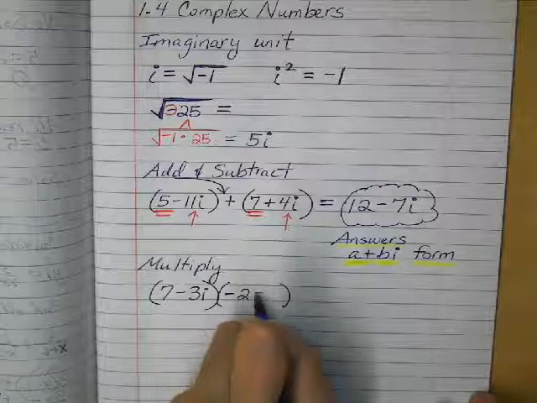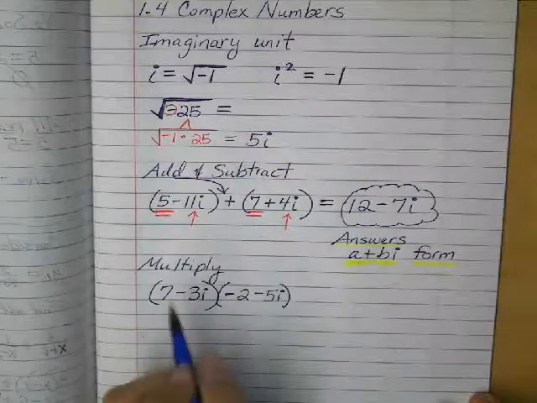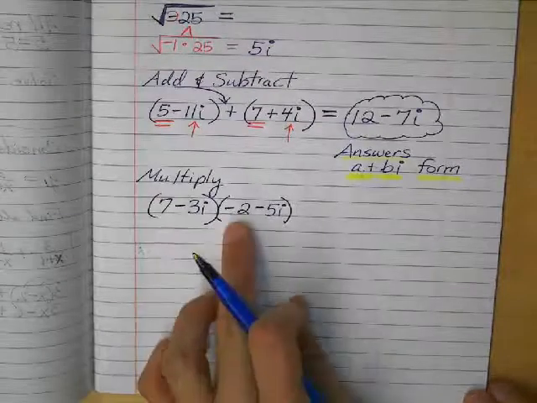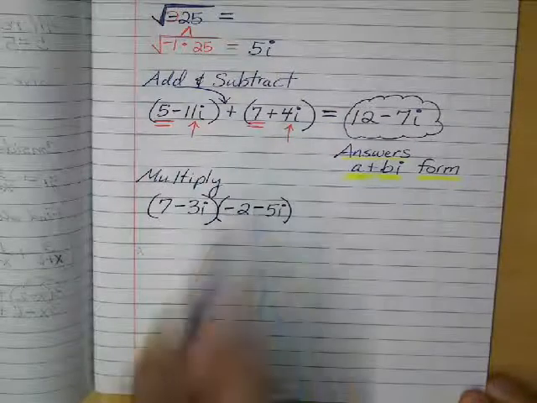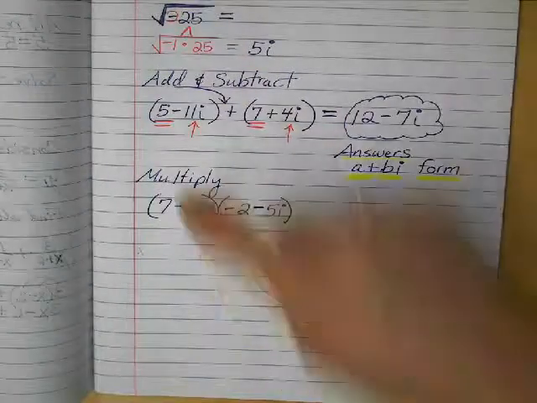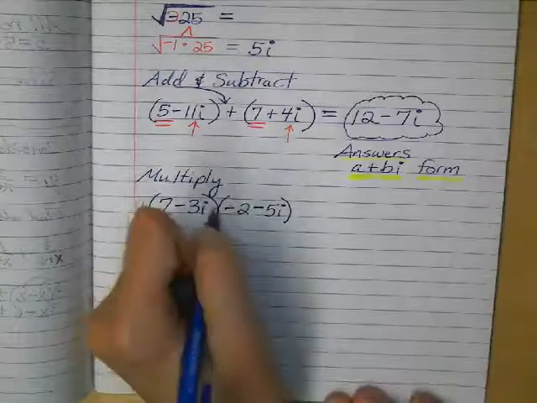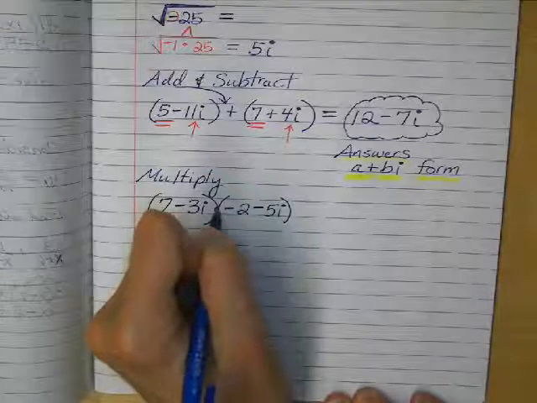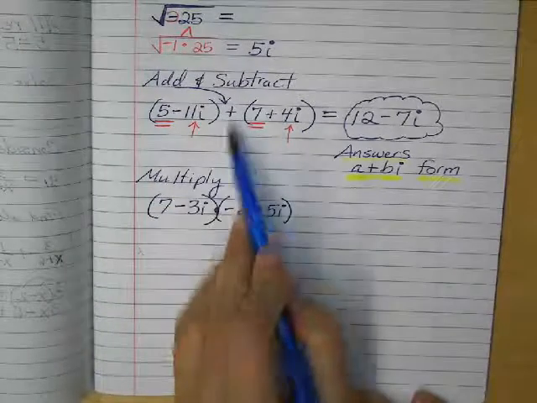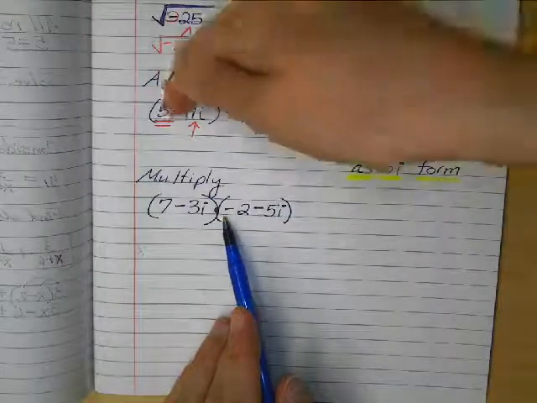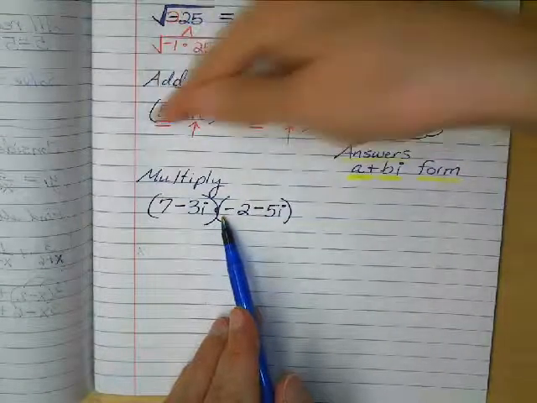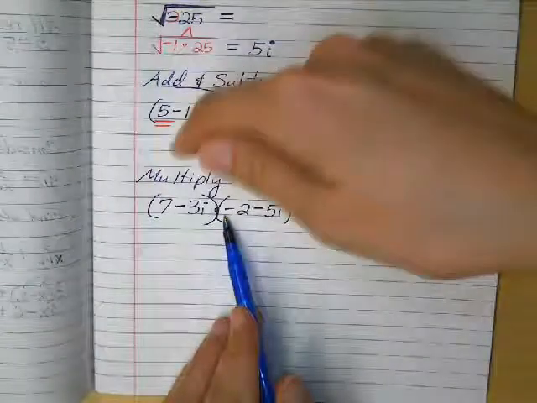So let's say it had something like this: parentheses 7 minus 3i, and then another parentheses, -2 minus 5i. This one's a multiplying problem because there's nothing in the middle right here. That's times then. I'm trying to warn you ahead of time because I know some students will start trying to multiply the one up here. I'm like, no, it's just add on that one.